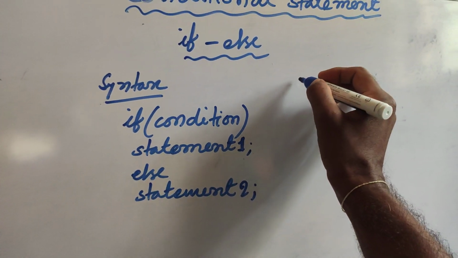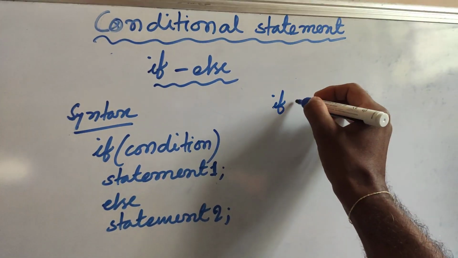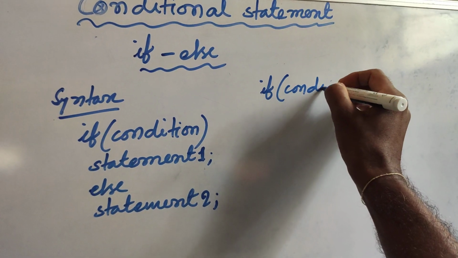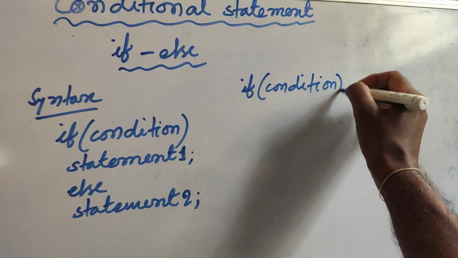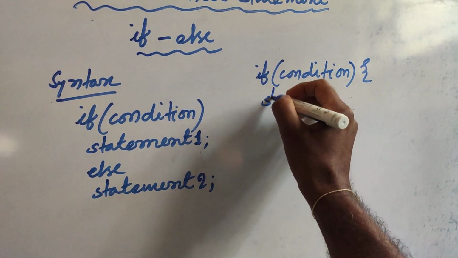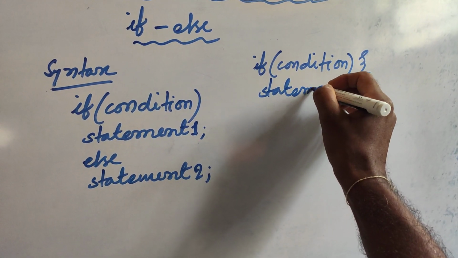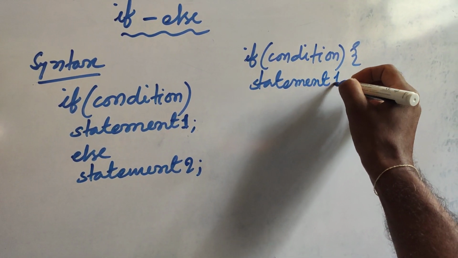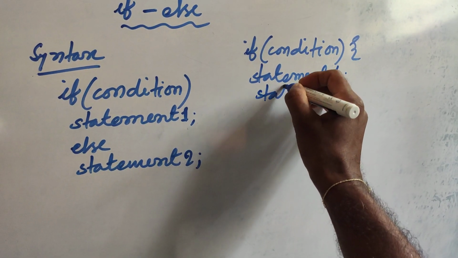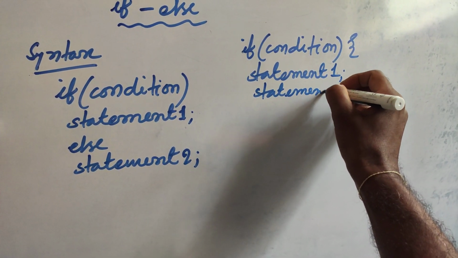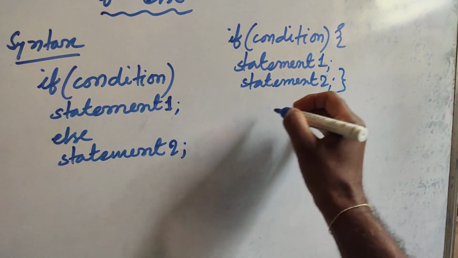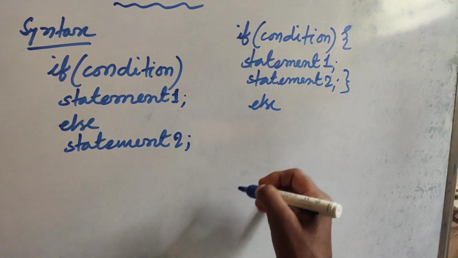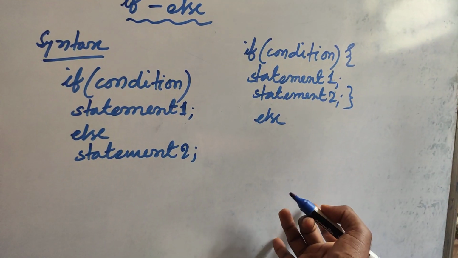One more syntax is also there. If condition, then statement 1, statement 2, else. Maybe in the else part also there are 2 statements, maybe the else part is 1 statement.